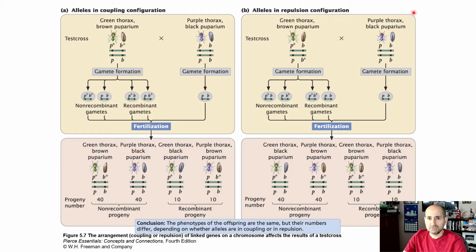However, you could do the exact same looking cross. You're starting with green thorax brown puparium just like before, purple thorax black puparium just like before, but if these are in trans configuration, where you have got P plus B, and on the other chromosome P B plus, this would be the trans orientation.